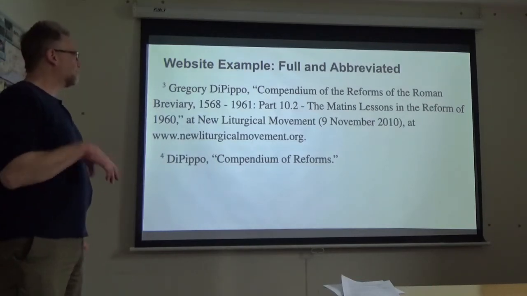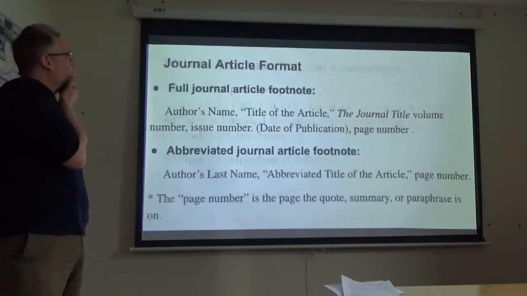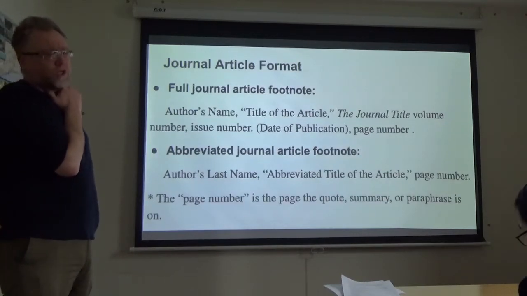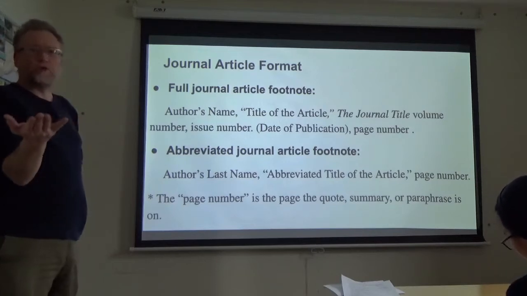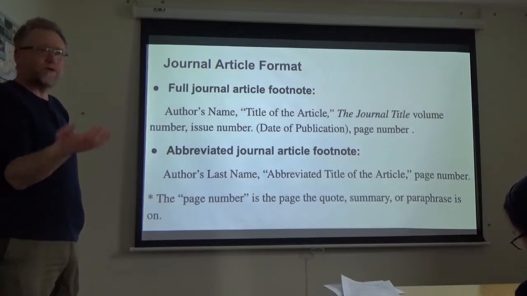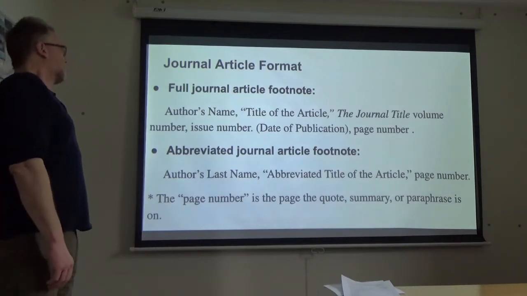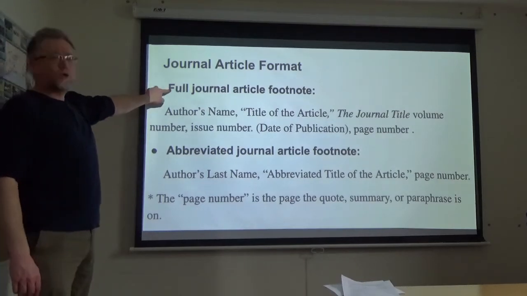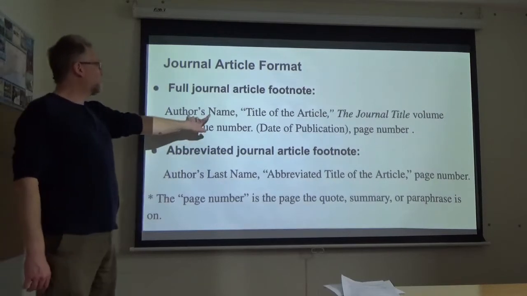All right. Slide. Journal article. Now, we looked in class at some journal articles, do you remember? Okay? Now, with a journal article, the full footnote, what's the first thing you have?